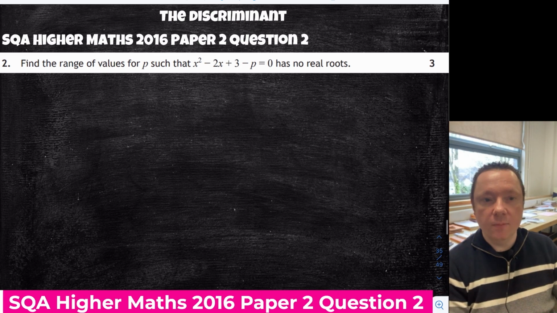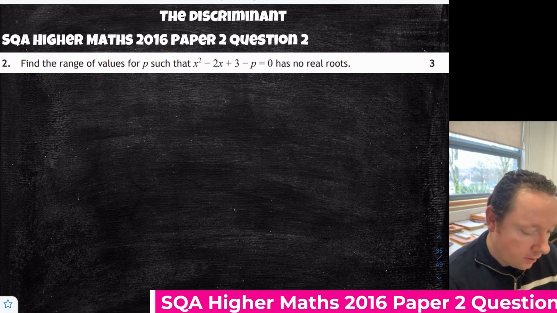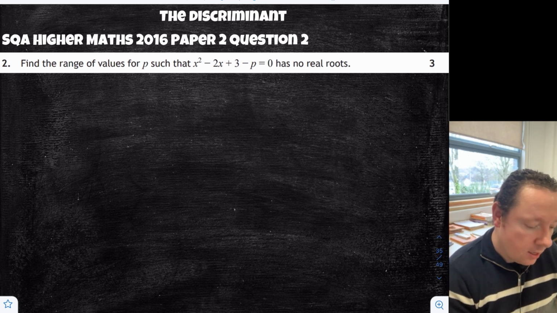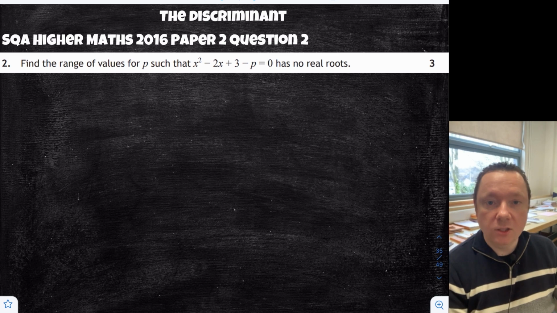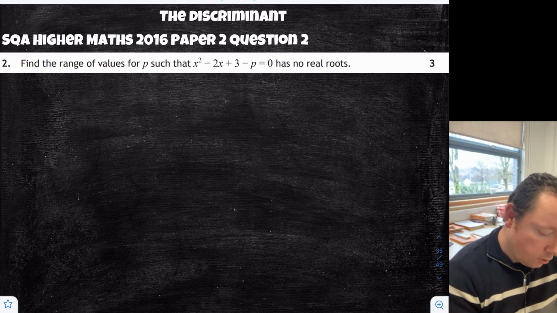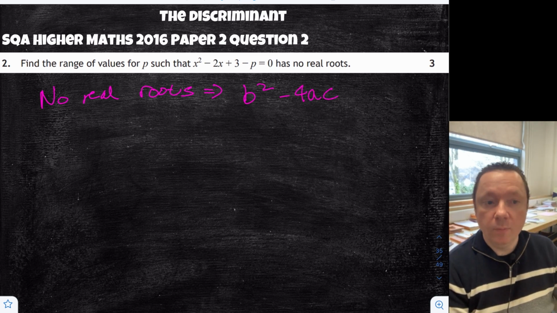Okay, looking at the discriminant, SQA Higher Maths 2016, Paper 2, Question 2. Find the range of values of p such that x squared minus 2x plus 3 minus p equals 0 has no real roots. So for no real roots, that implies that b squared minus 4ac is going to be less than 0.